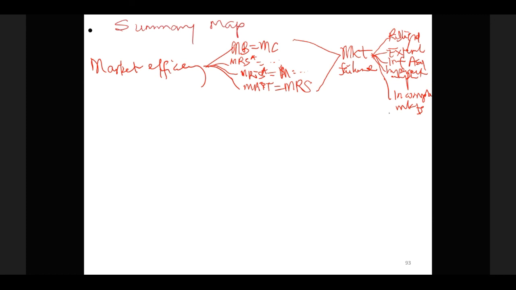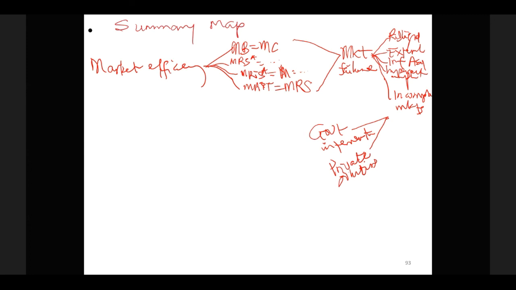Then we say that when we have these conditions existing in the market, there is a case for government intervention. And sometimes there's a case for private solutions based on certain conditions.